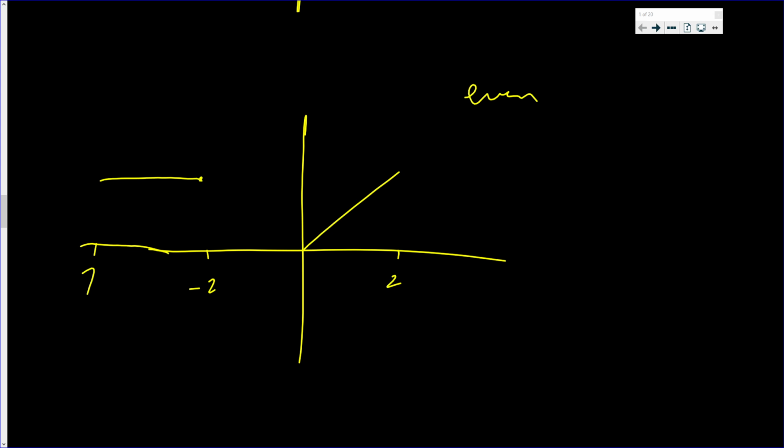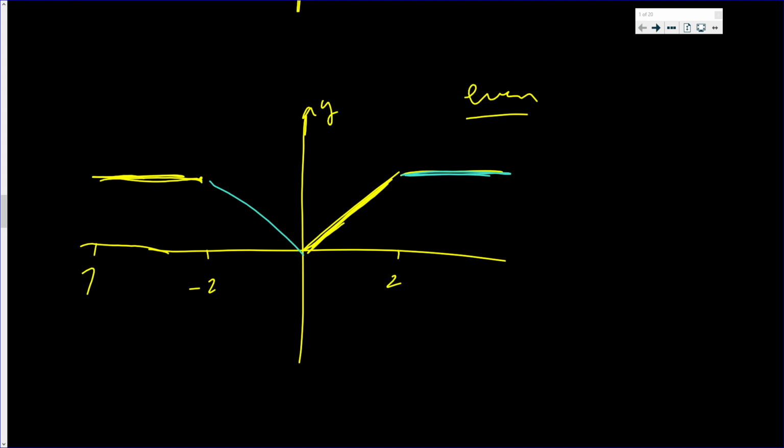Well, an even function is the reflection across the y-axis. And here is the y-axis. If I reflect this across the y-axis, I'm going to get that. And if I reflect this across the y-axis, I'm going to get this.